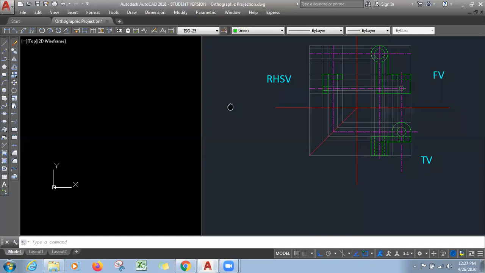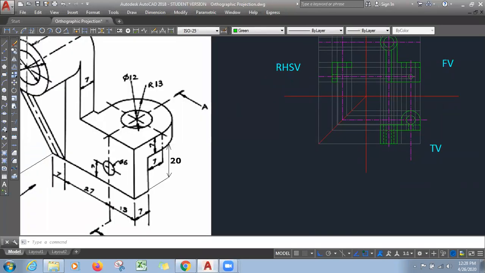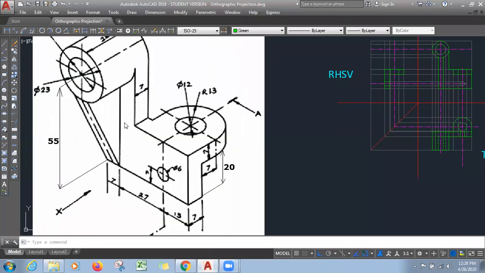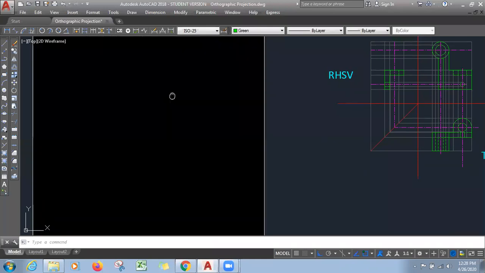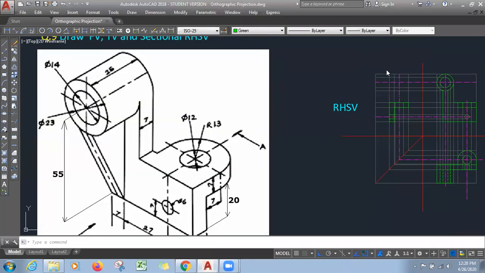We have this part, this L shape we have. Apart from this, circular holes cannot be seen, so there are dotted lines. Then this circle cannot be seen, we have dotted lines. Then once we have this, what can we do? This cylinder can be seen as a rectangle from this end.